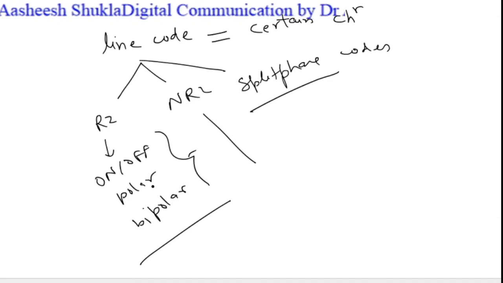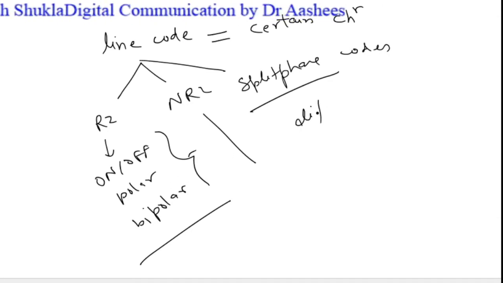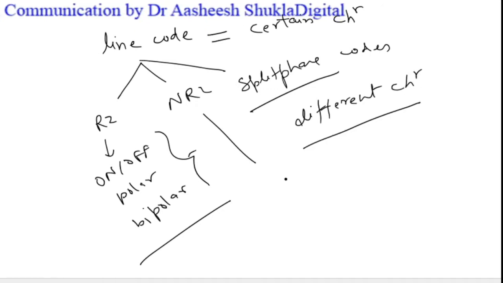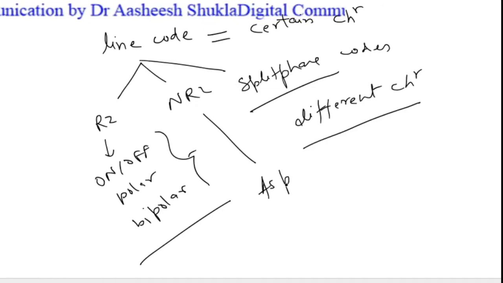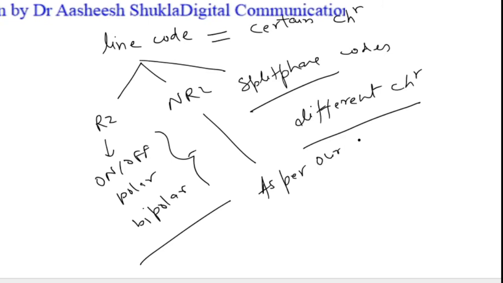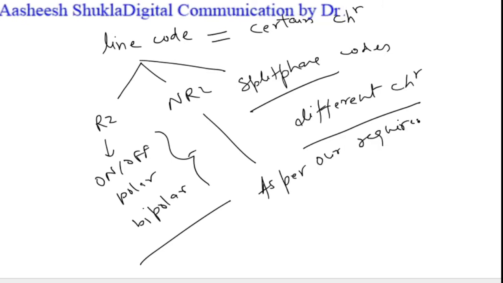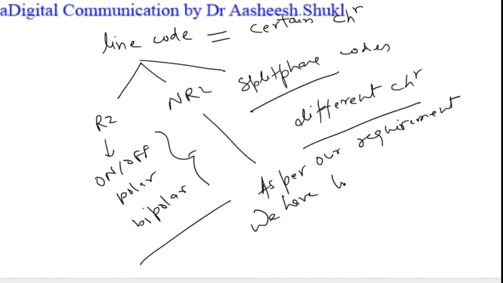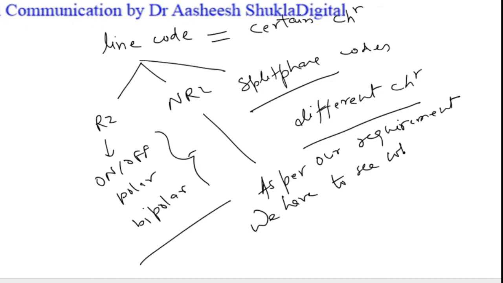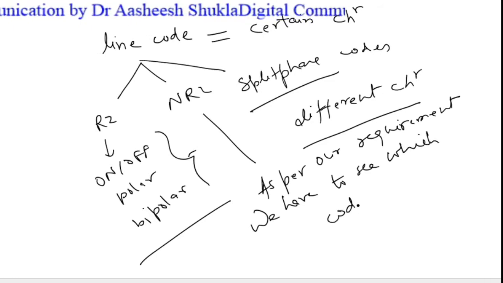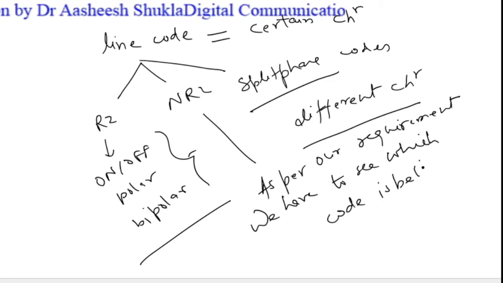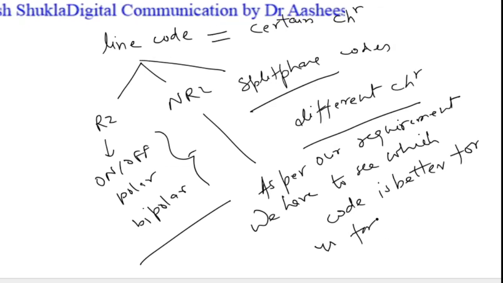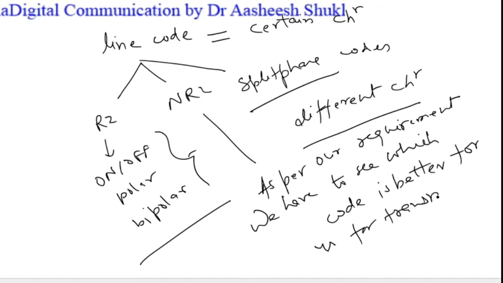All these codes will have different characteristics. As per our requirement, we have to see which code is better for us for the purpose of transmission.